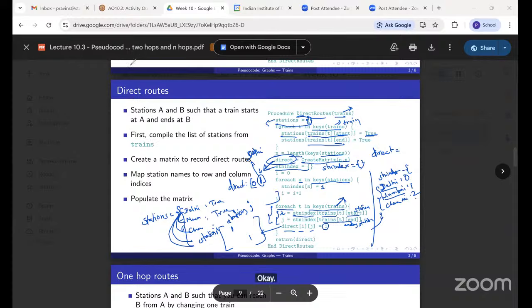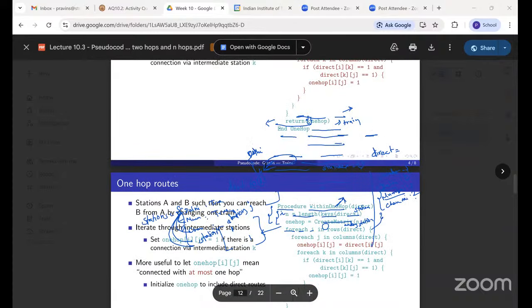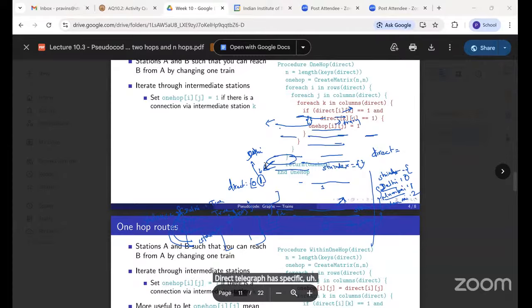So others, what about others? So no one knows. Okay, fine. We'll discuss. A directed graph has a specific direction.